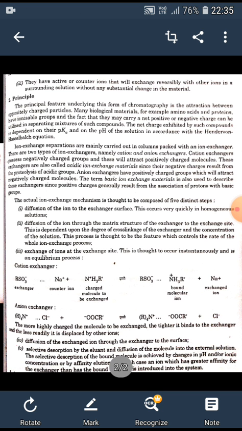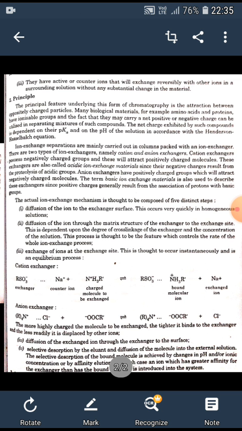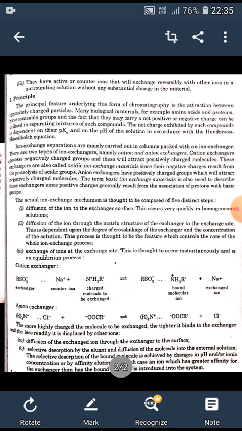These exchangers are also called acidic ion exchange materials since their negative charges result from the dissociation of acidic groups. Anion exchangers have positively charged groups which attract negatively charged molecules. The term basic ion exchange materials is also used to describe the anion exchangers since the positive charge results from the association of protons with basic groups.